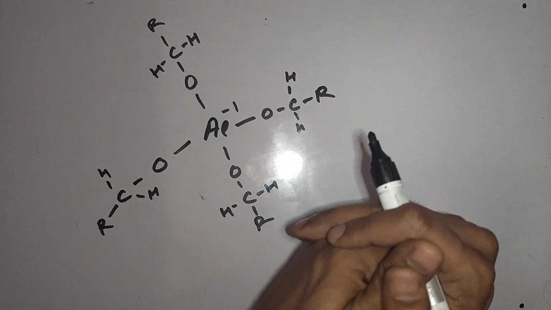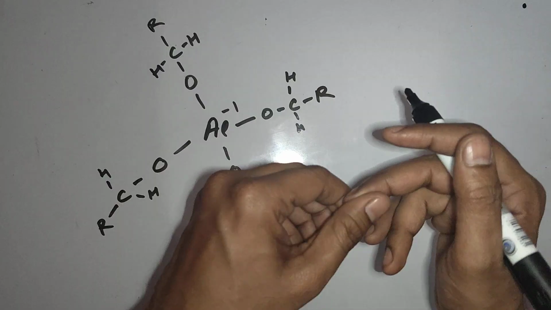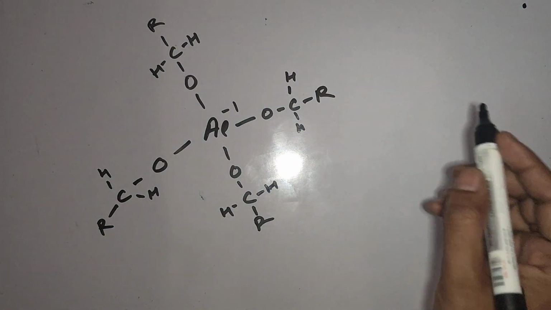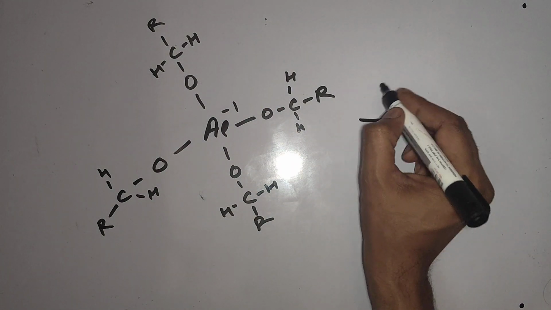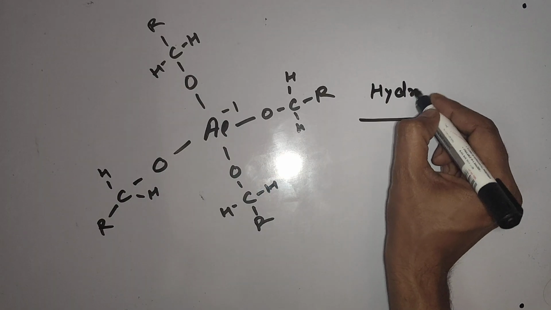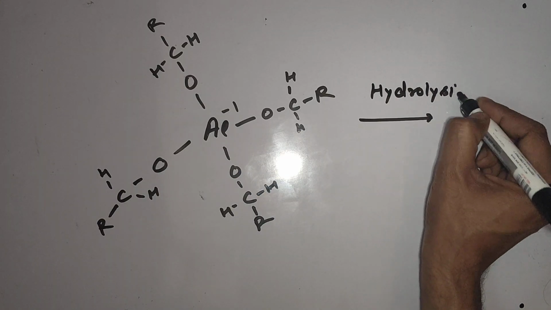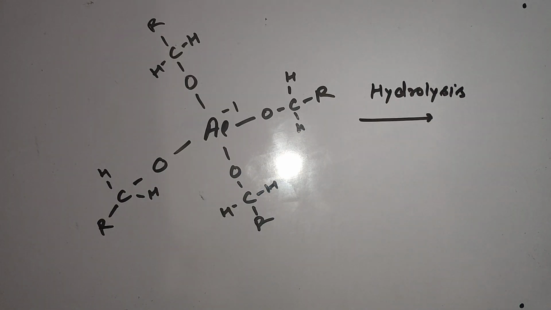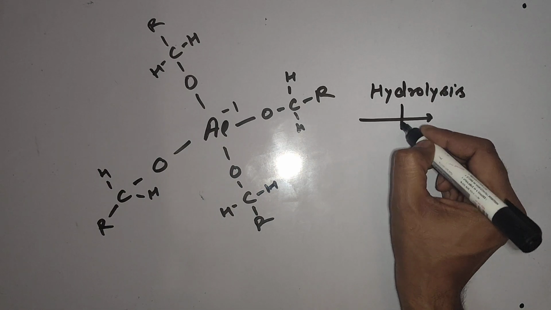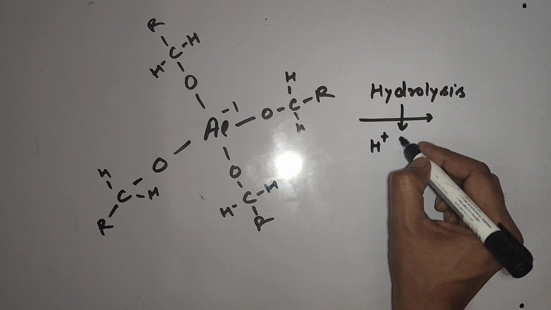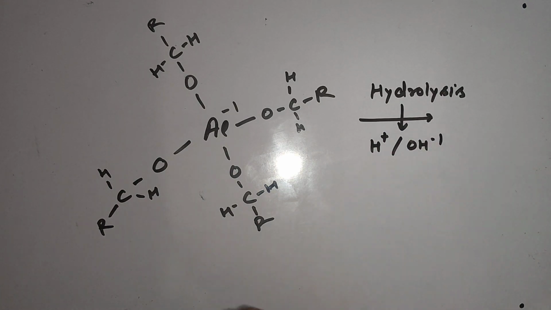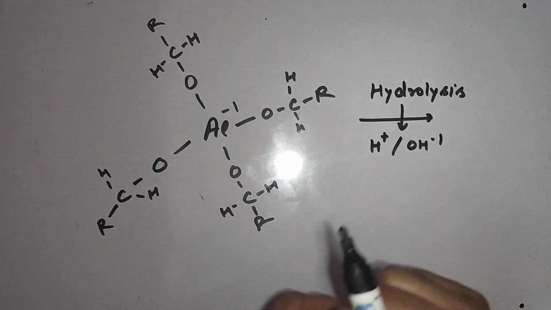Is it our final product? No, we want alcohol. How can we get alcohol from here? A very simple process which we call hydrolysis. I already told you the meaning of hydrolysis. With the help of H positives and OH negative, we will break bonds in this molecule.